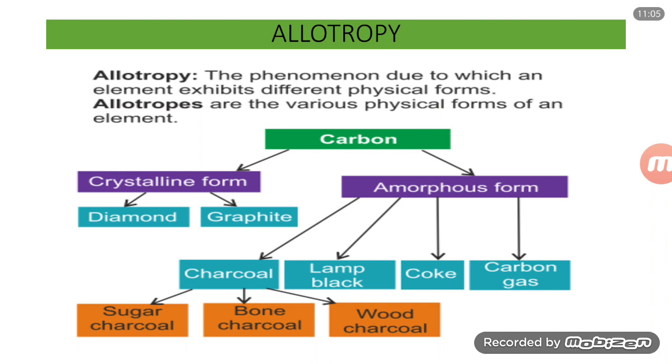Under amorphous form we have charcoal, lamp black, coke and carbon gas. We'll be studying this in detail in a later session. Charcoal can be further classified as sugar charcoal, bone charcoal and wood charcoal. For the time being, just observe this chart carefully. You should be able to classify the allotropic forms of carbon this way.